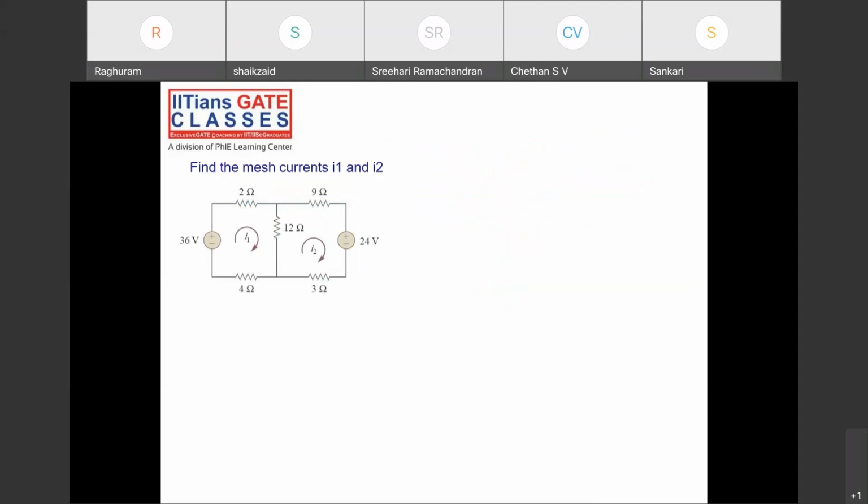Now find the mesh currents I1 and I2. Mesh 1. Tell me the mesh current I1.